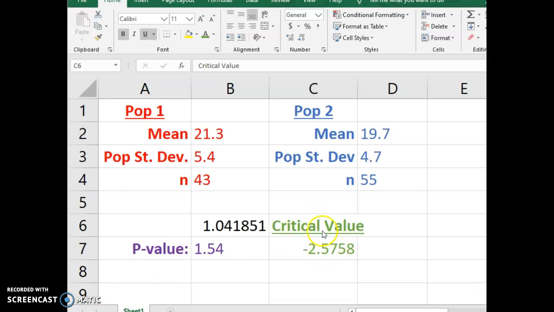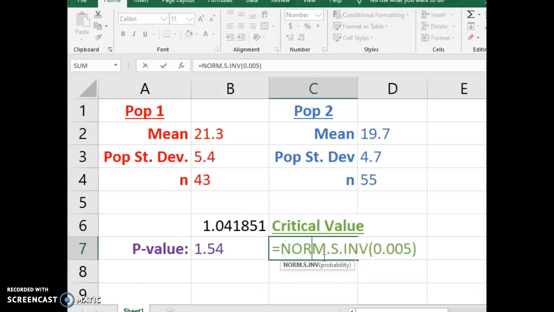So I'm coming over here into Excel to identify the critical values. Since our alternative hypothesis is not equal to, this is a two-tailed hypothesis test. So 0.01 total would mean that there is 0.005 in each of the tails, half of 0.01 in each tail.